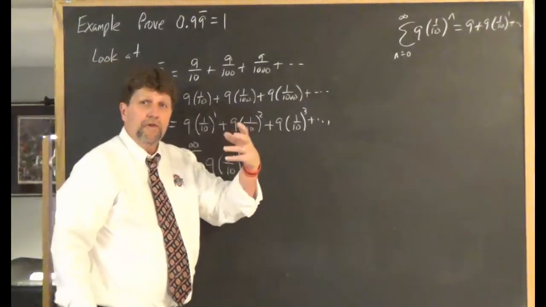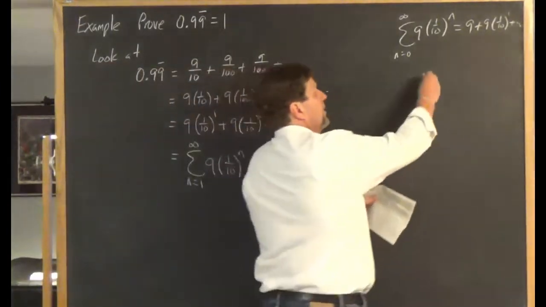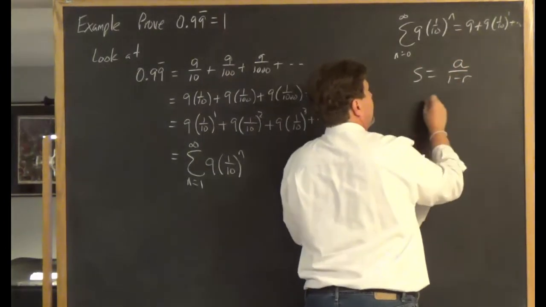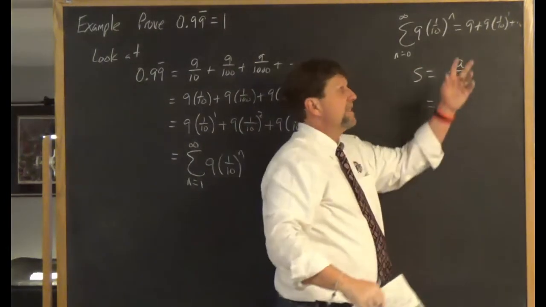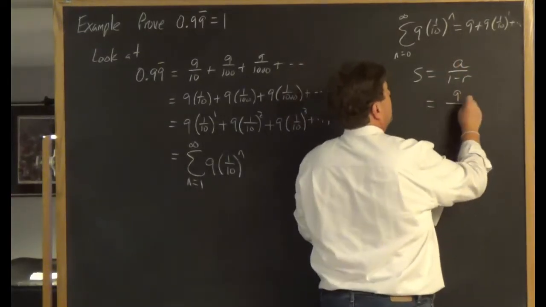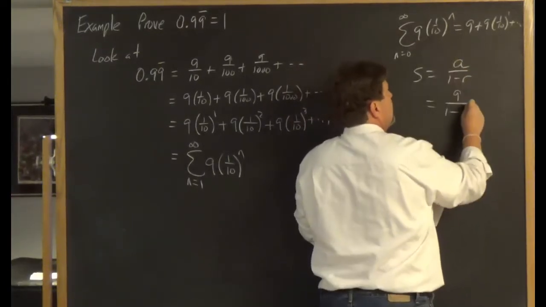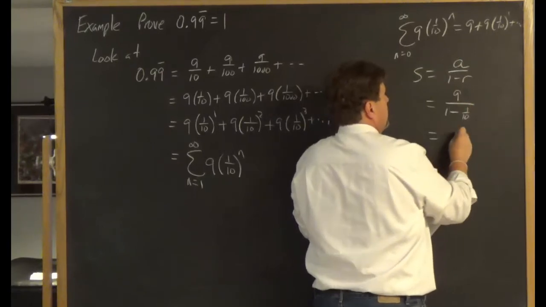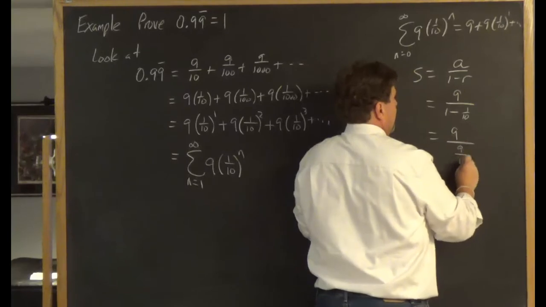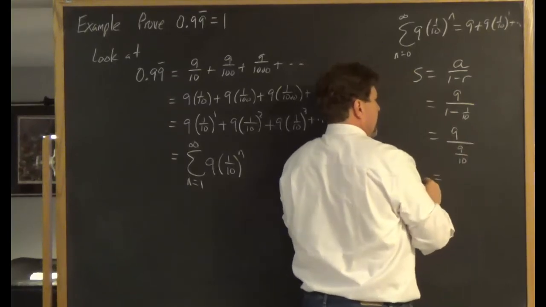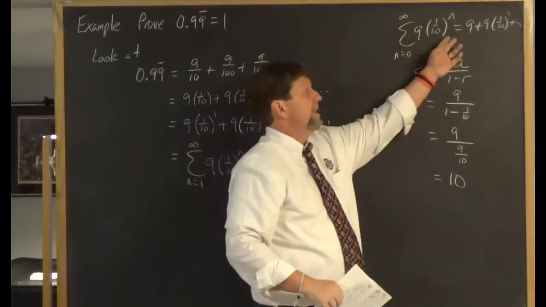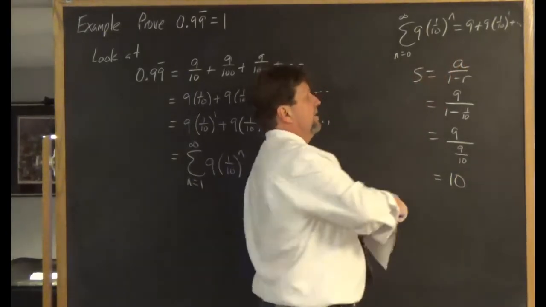So I think we can use our formula, S equals A over 1 minus R, to get the sum of this series. A is 9, R is 1/10. So it's 9 over 9/10, and 9 over 9/10 is 10. The sum of this series is 10.